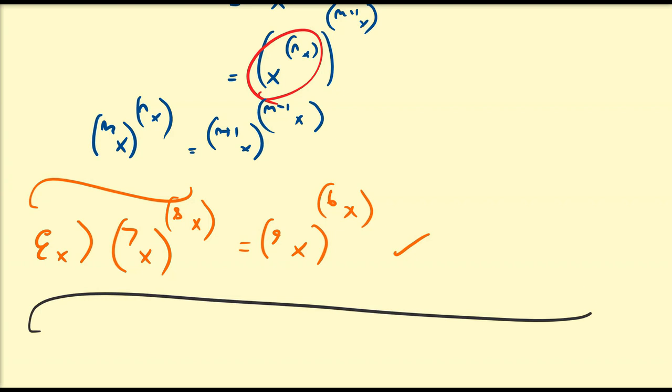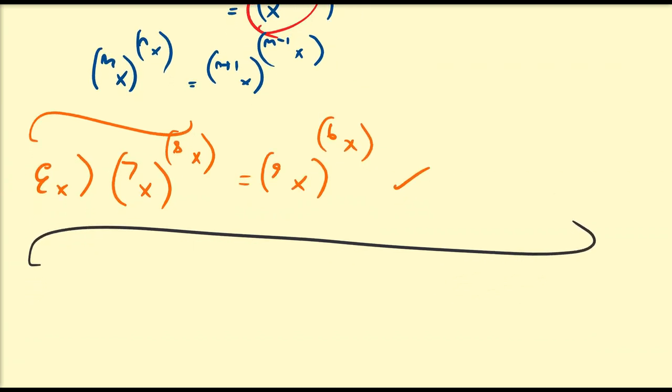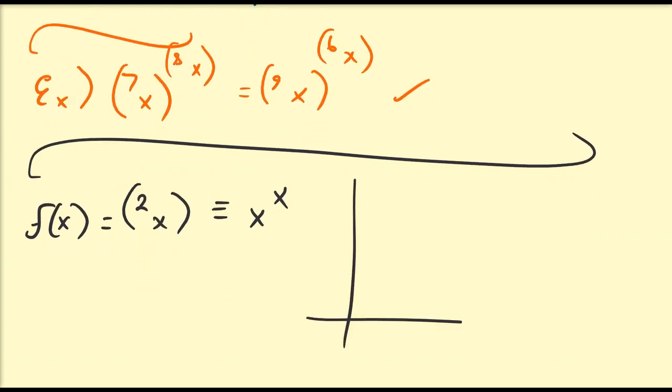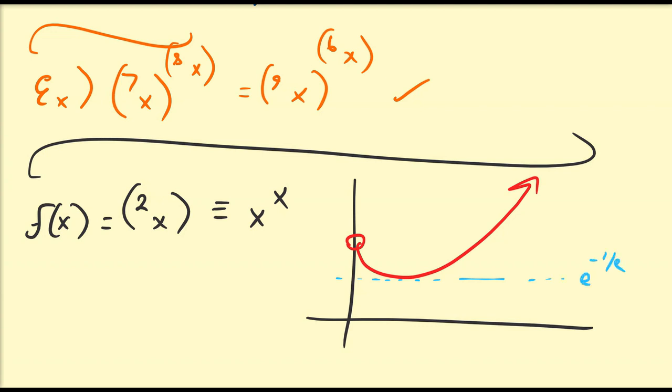So I just want to introduce some properties of tetrational functions in case you encounter them in the near future. Suppose we have f of x equal to the second tetration of x, which is of course equivalent to x to the x. One can generate the graph of this to be something like this, right? So it has this little dip. This dip, one can find with some calculus, to be e to the minus 1 over e, which occurs at the point 1 over e, and this graph passes through the point (1, 1), right?